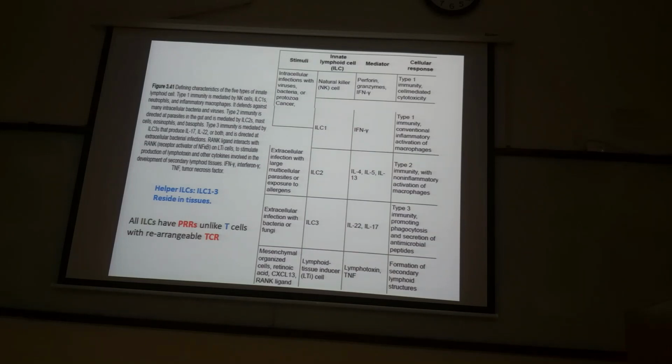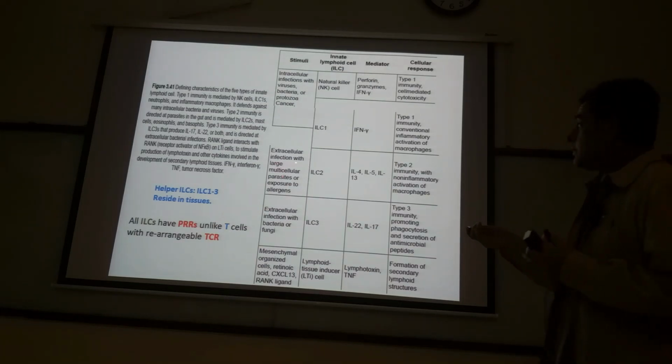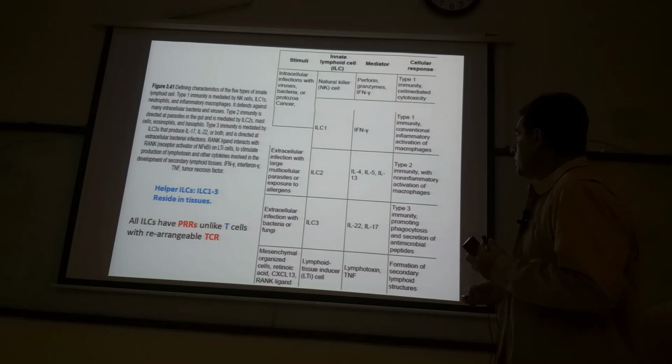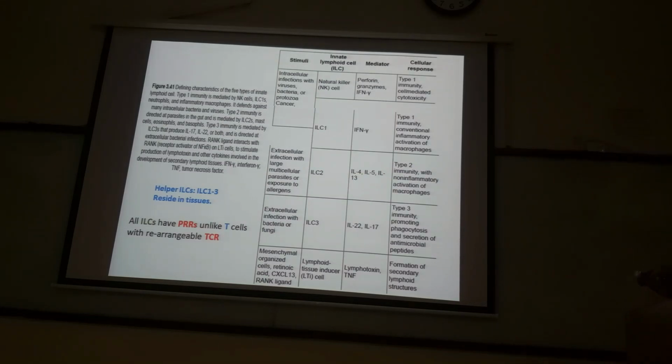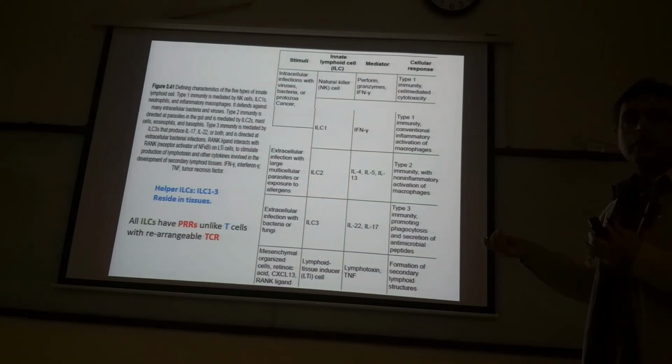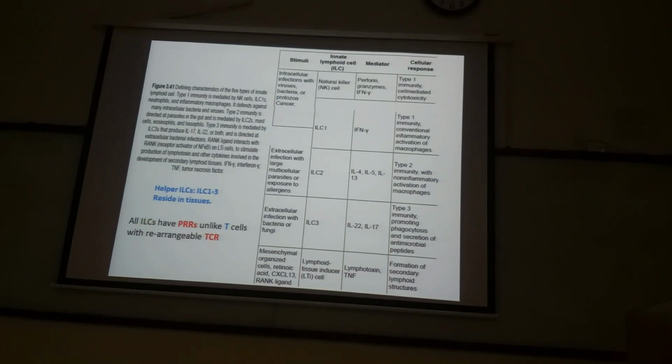So these are going to activate the macrophages in a non-inflammatory way. Okay? This type 2 immunity is against the parasites. Okay? When there is some parasitic infection, for instance, in the gut or something, then ILC2 are going to be involved in that process.